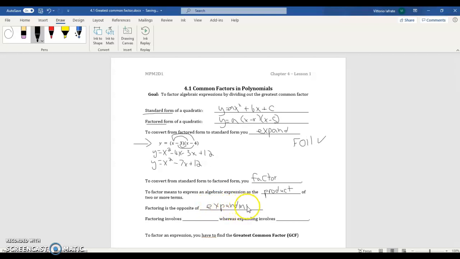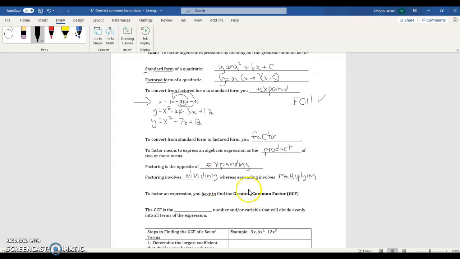In expanding, you were multiplying, whereas in factoring, that involves dividing, because as I said, they're opposites of each other. So in order to factor an expression, if you have standard form, for example, or any expression, you need to find something called the greatest common factor. The greatest common factor that we're going to call the GCF.